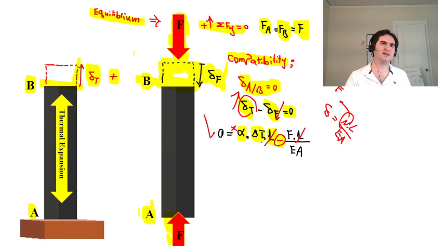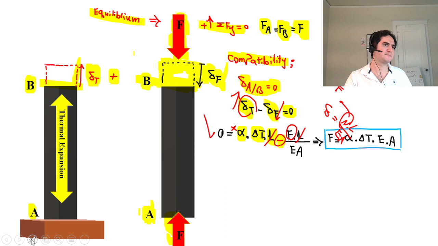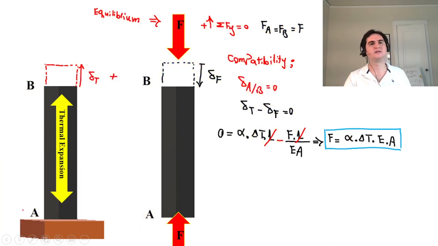If you cancel out L, the length, from both sides, the only unknown is the force F. The thermal force is alpha delta T times E times A.